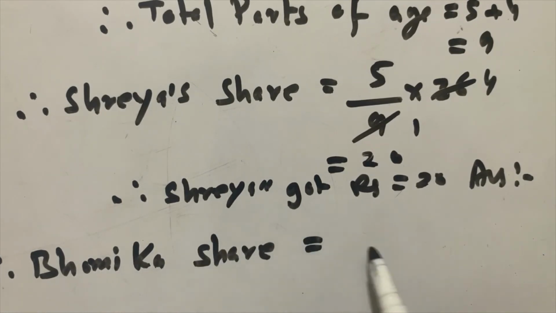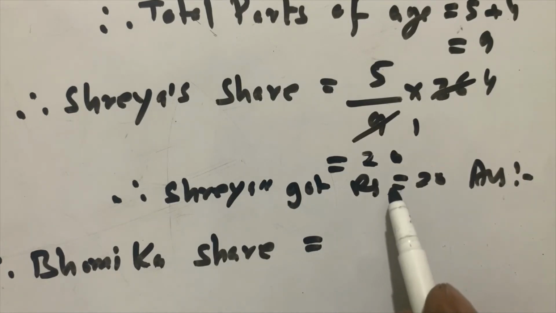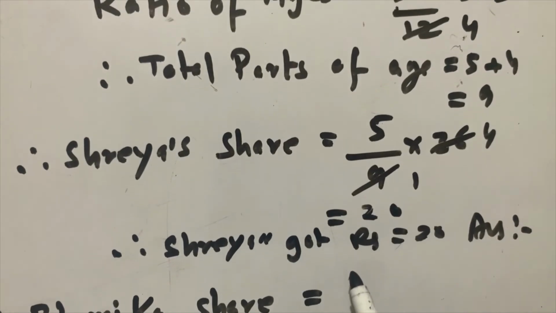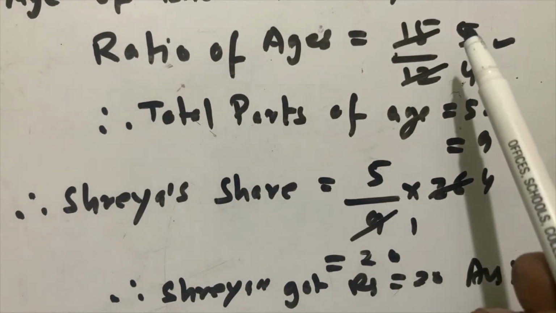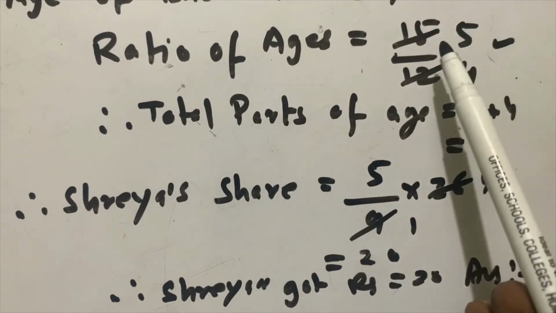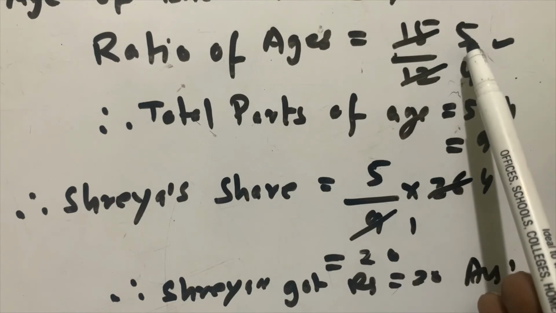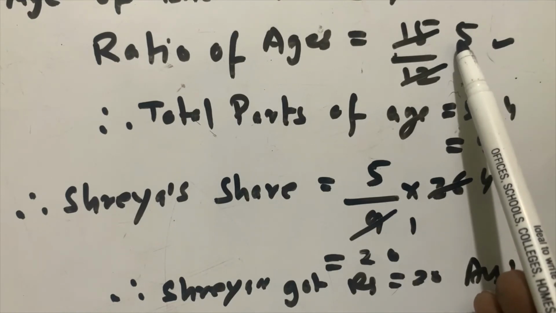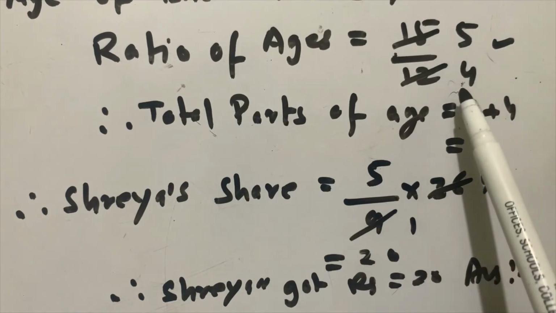What will be the share of Bhumika? Now the ratio is 5:4, which means 5 parts is the age of Shreya and 4 parts is Bhumika.